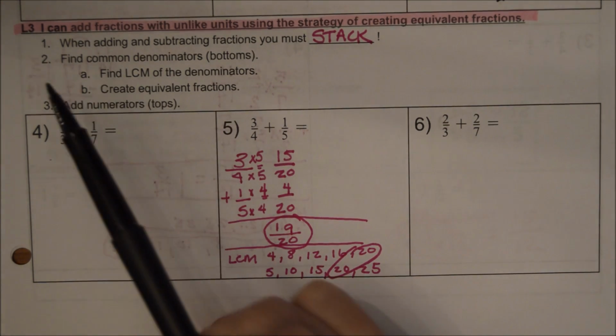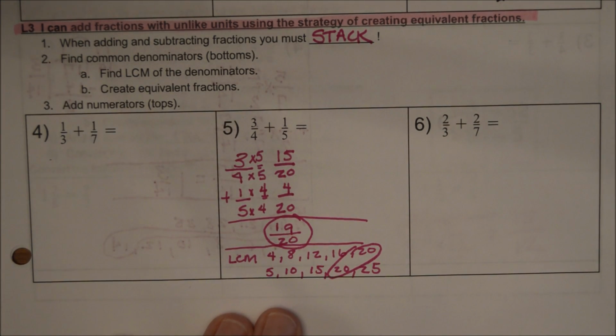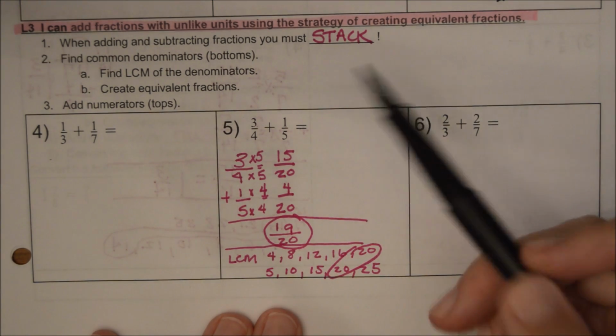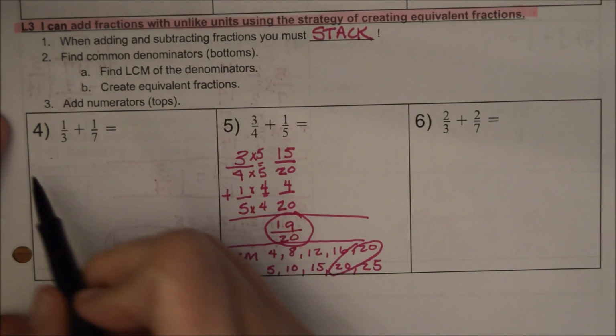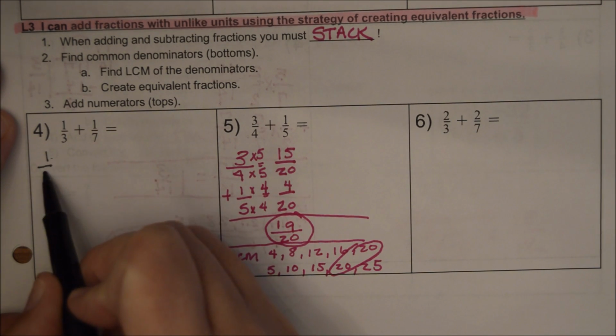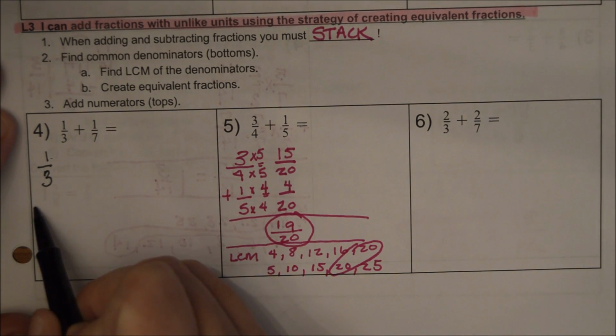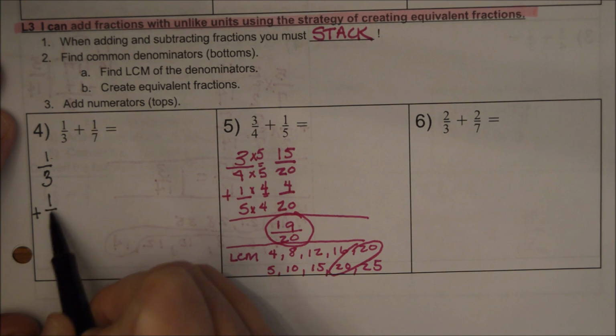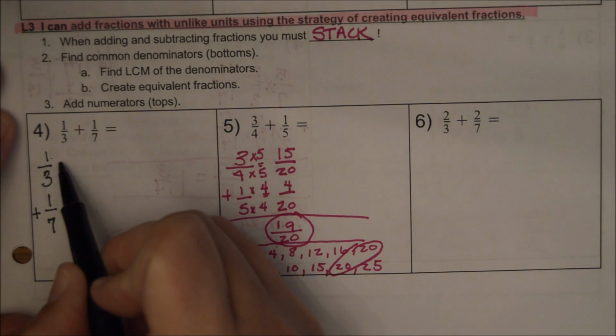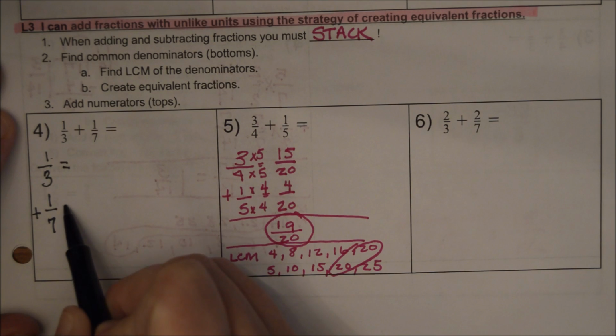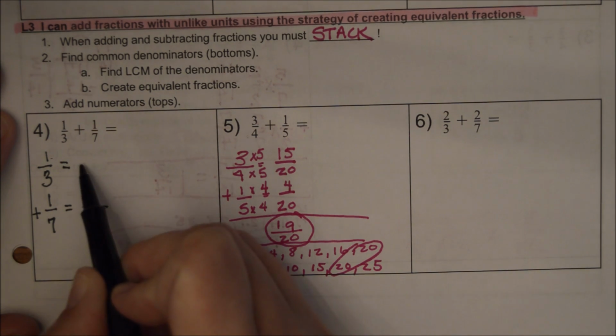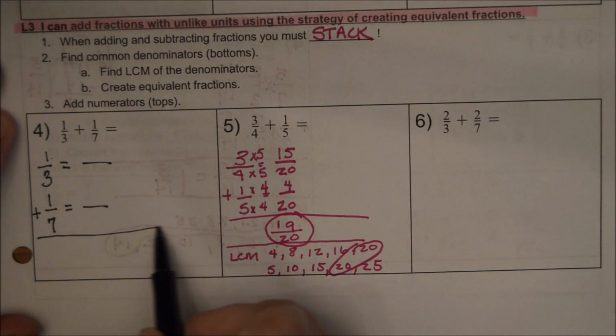So on this one, this is lesson 3. I can add fractions with unlike units using the strategy of creating equivalent fractions. And here's our steps, okay? When I add and subtract fractions, I must stack. You guys are getting so good at this. I'm setting my table, getting it all ready to go.